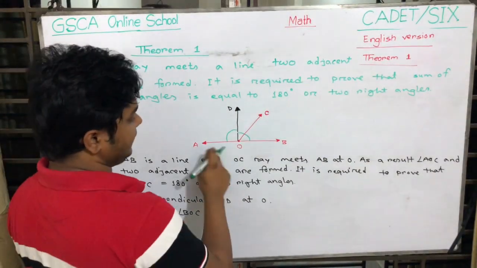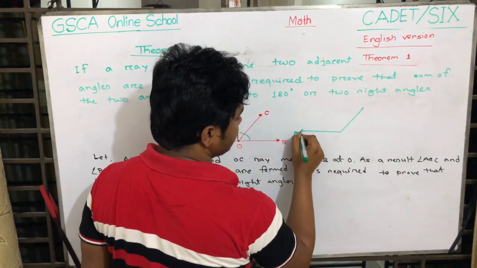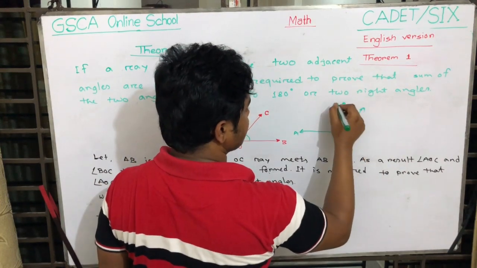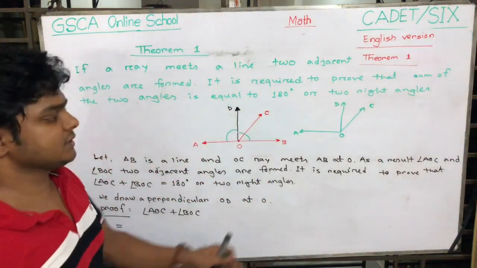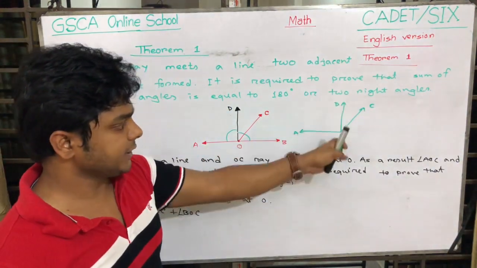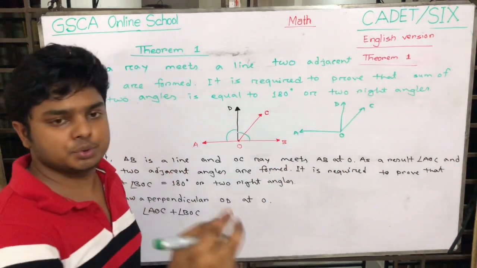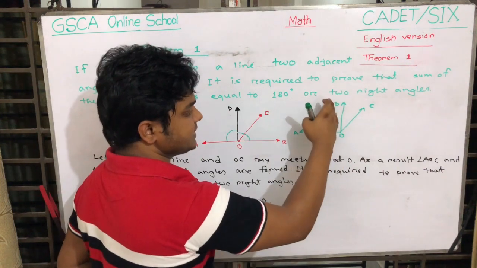Now just think, there is only AOC and here is OD. After breaking at OD, AOC is divided into two angles, right? So what are the two angles? AOD and DOC.